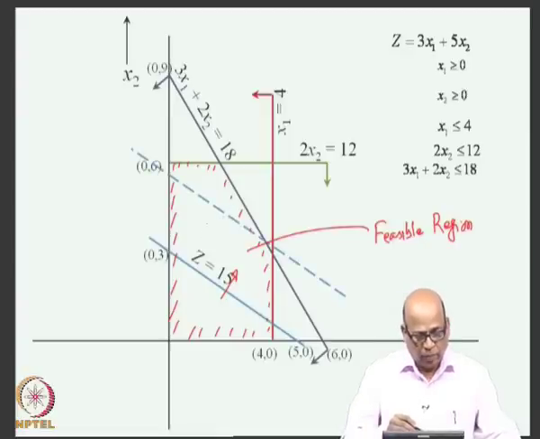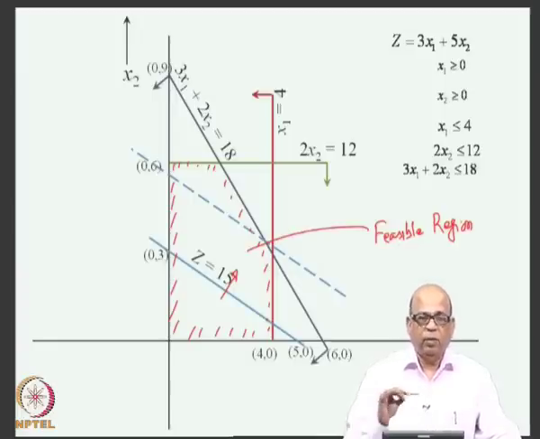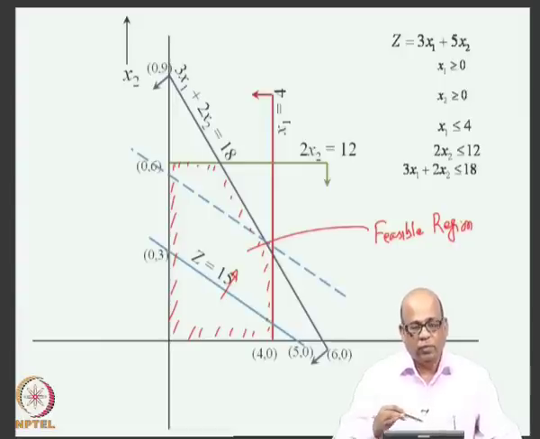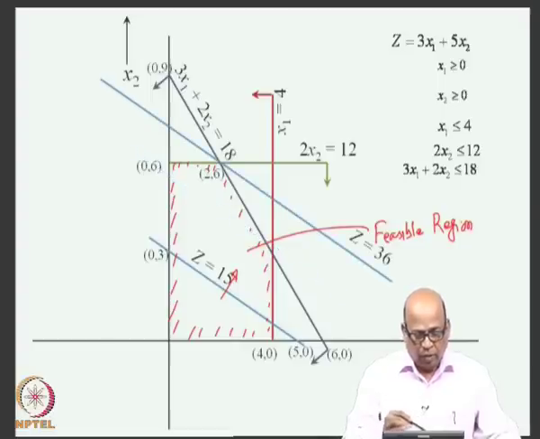So, like this I keep on increasing z as long as there is at least one point within this z line which lies within the feasible region or on the boundary of the region, we have a feasible solution possible and we are increasing z. So, we keep on increasing the z until we hit such a point where any further increase in z will make the z line leave the feasible space altogether.